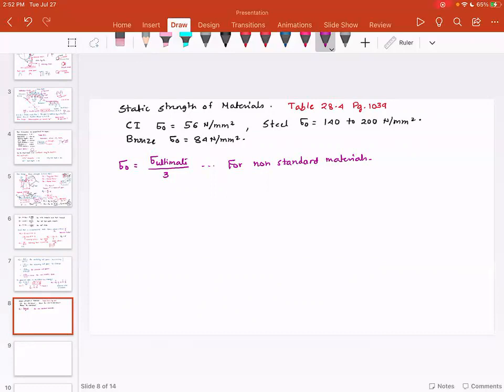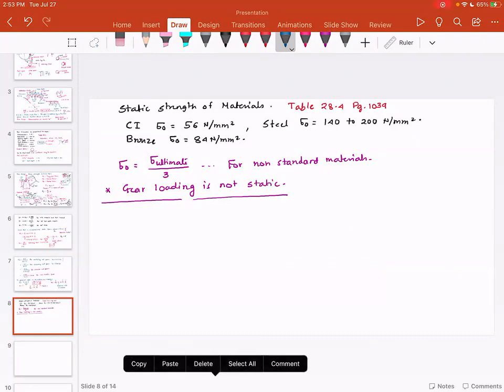Now, earlier we talked about an important concept, which is that the load on the gear is not stationary. Gear loading is not static. So an important step in gear design is determination of dynamic tooth load.